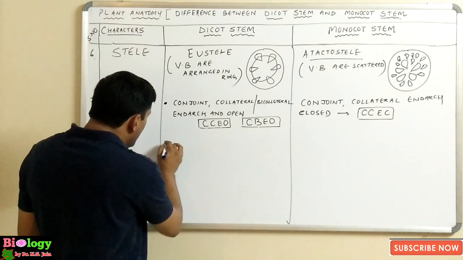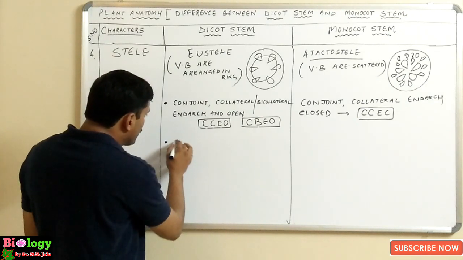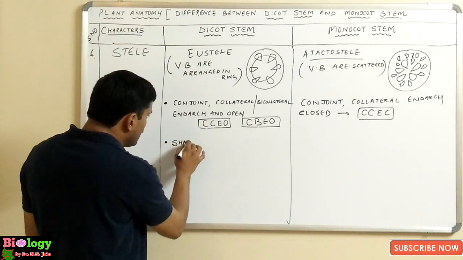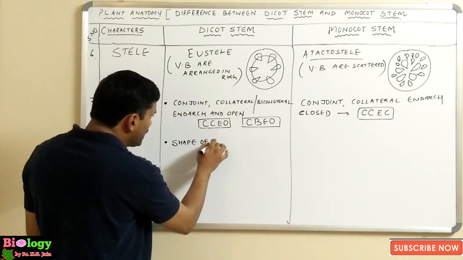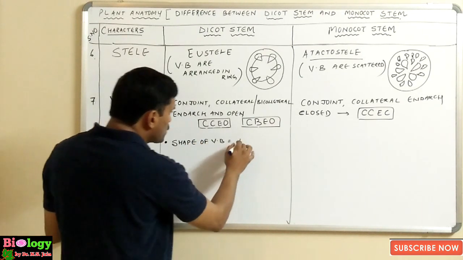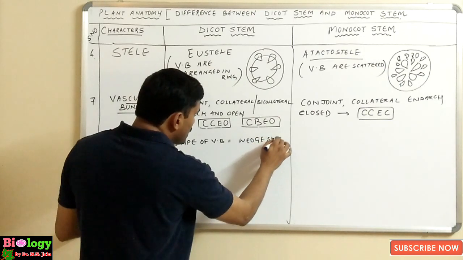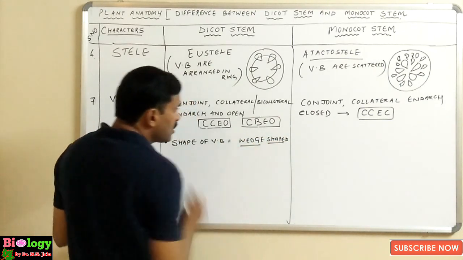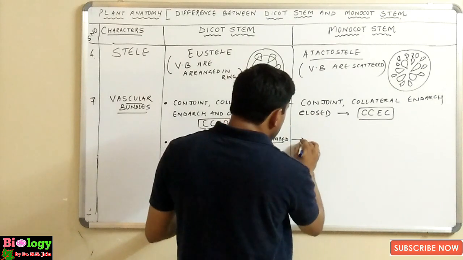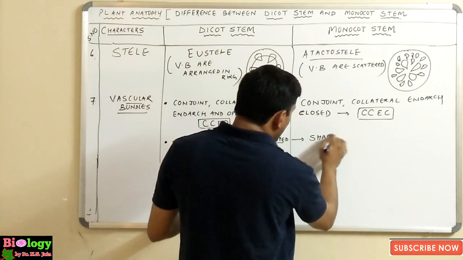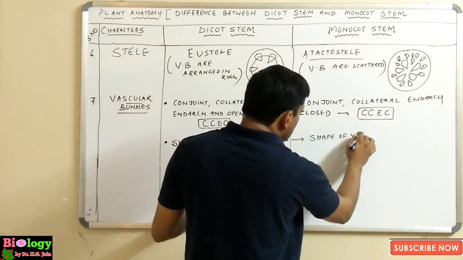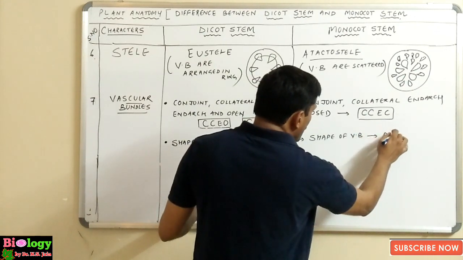Okay. Now, what is the shape of the vascular bundles? So here in the dicot stem the shape of the vascular bundles is wedge shaped, while in the case of the monocot stem, the shape of the vascular bundle is oval.